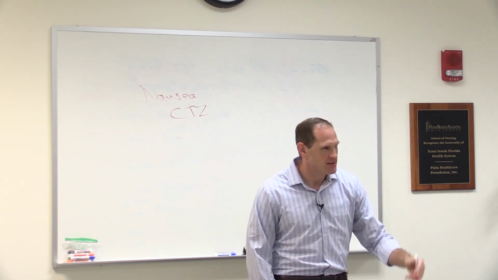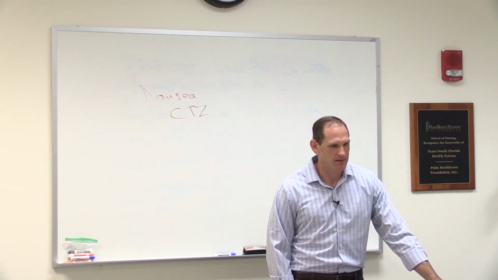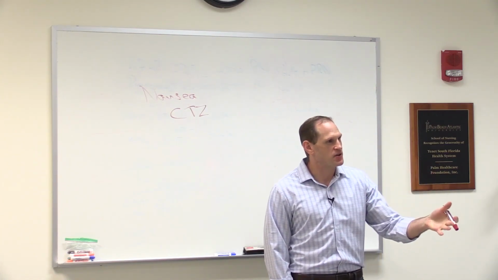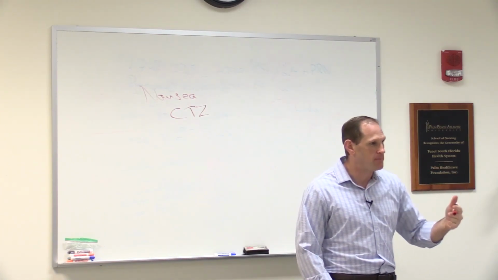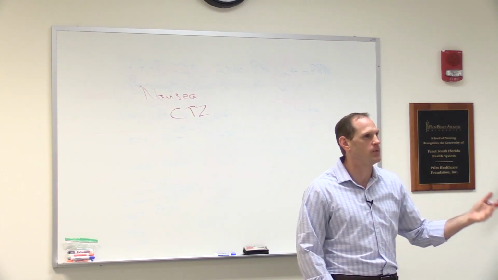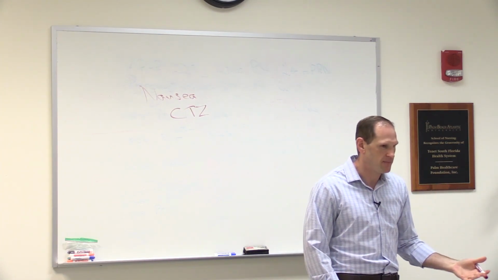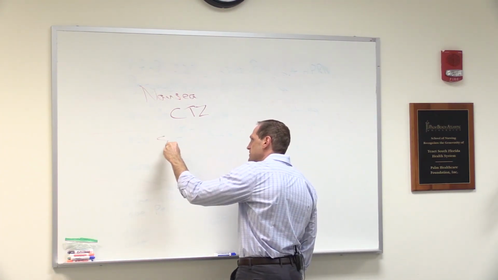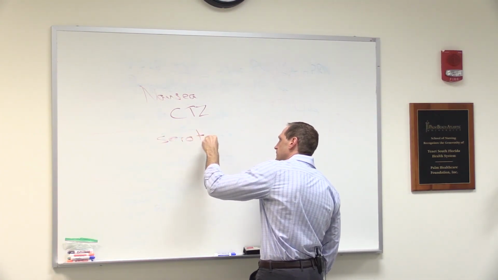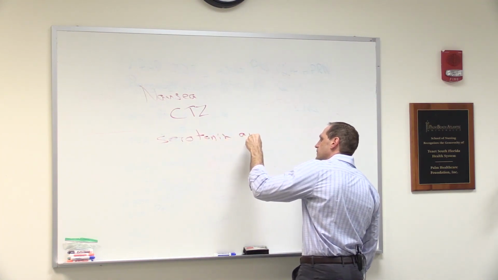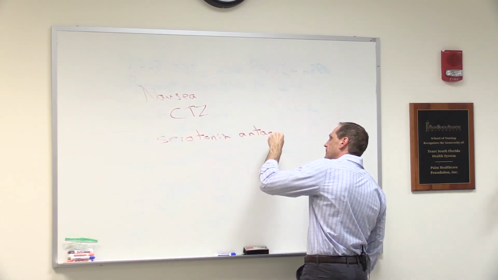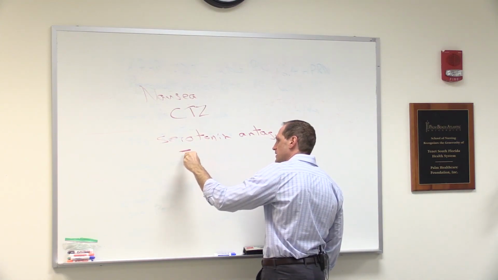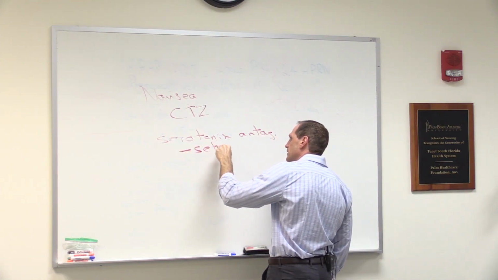Back to our story. So, nausea. The nausea drugs are rated against how well they help with chemotherapy nausea. And the strongest, the best drugs are serotonin antagonists. These drugs all end in -setron.